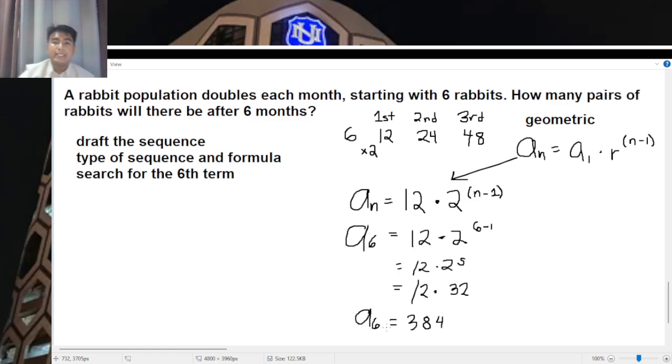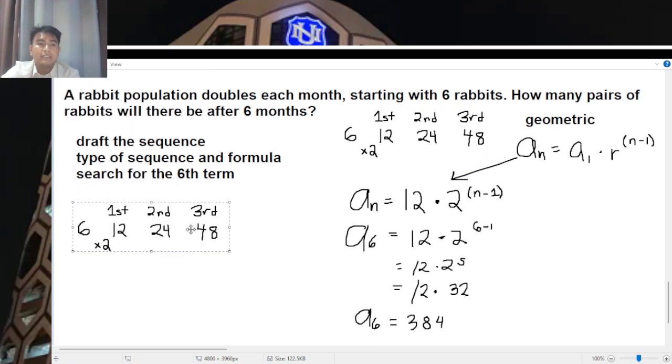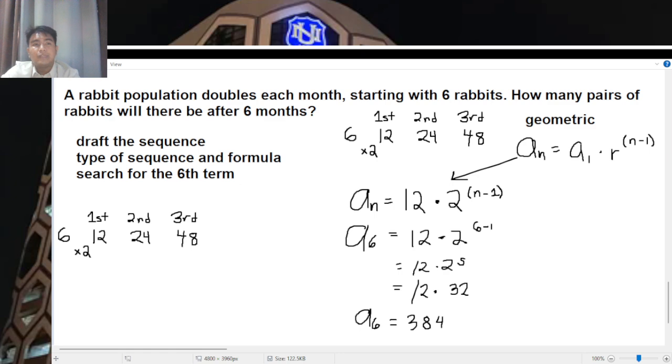Now, if you want, we can verify the answer by multiplying manually. It started with 6 rabbits. First month, they doubled. Second, third. Let's continue this pattern and see if it has the same number as 384. 48 times 2 would be equal to 96.